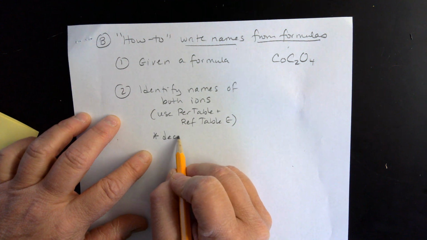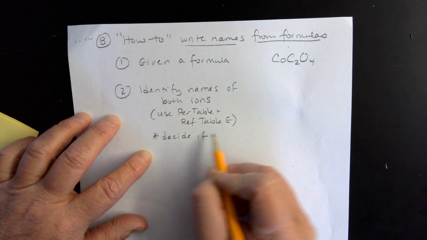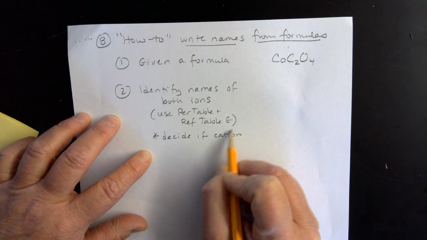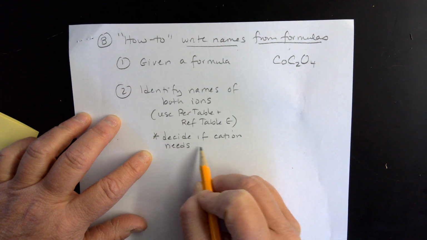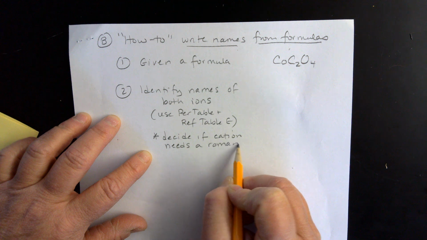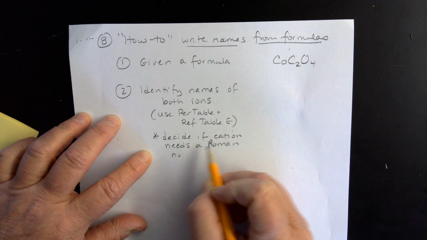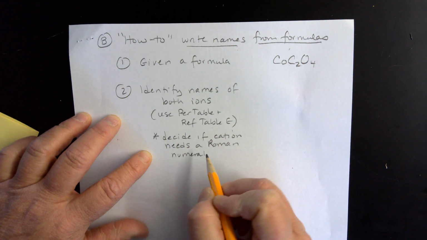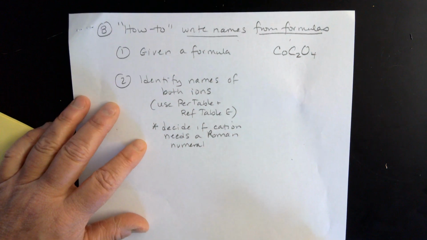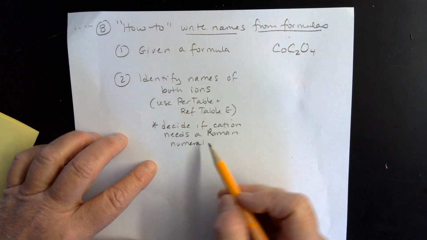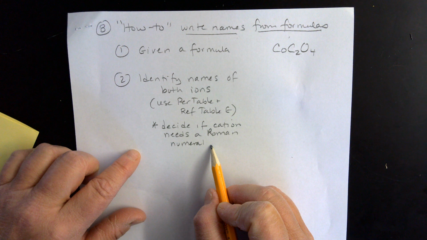You will need to decide if the cation needs a Roman numeral. It should be a capital Roman numeral. And if it does, it will need parentheses.